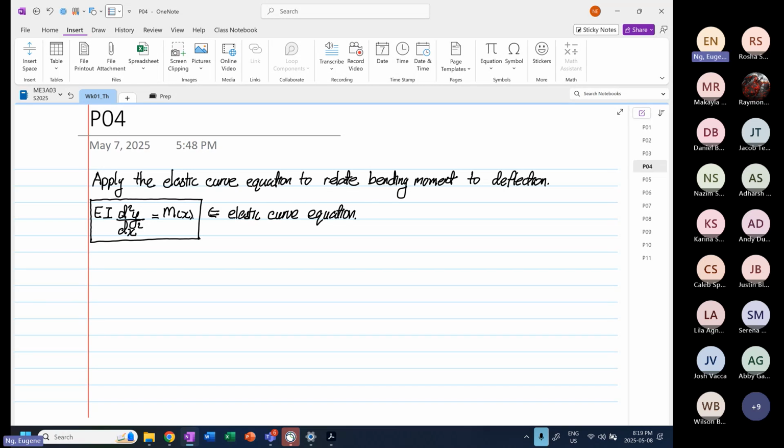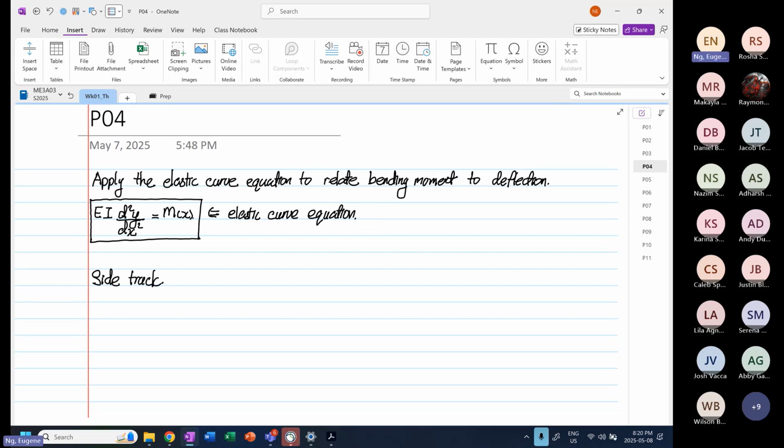Now, before we go back into buckling, I want to show you in detail how this elastic curve equation works. We're now going to do a sidetrack because you guys have not seen this before.